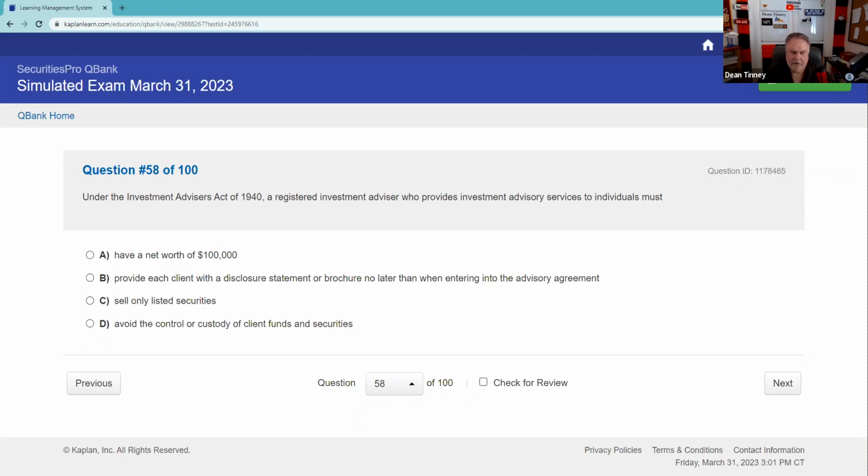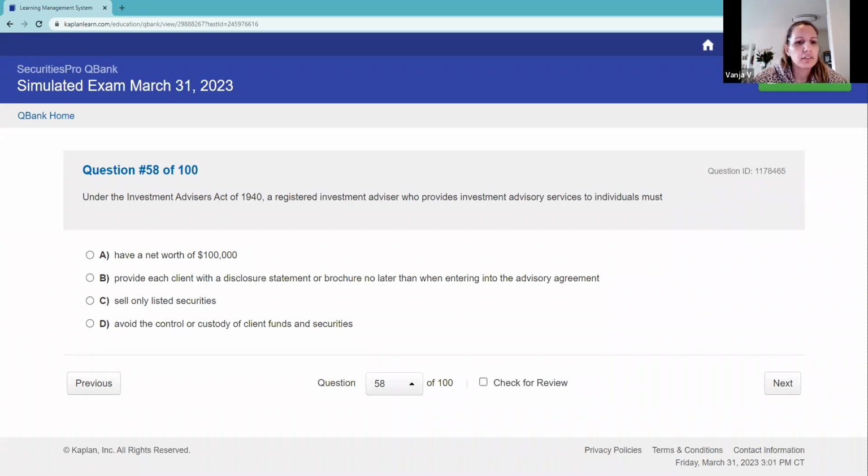Under the Investment Advisers Act of 1940, a registered investment advisor who provides investment advisory services to individuals must have a net worth of 100, provide each client with a disclosure statement or brochure no later than when entering into the advisory agreement, sell only listed securities, avoid the control of custody of client funds and securities.